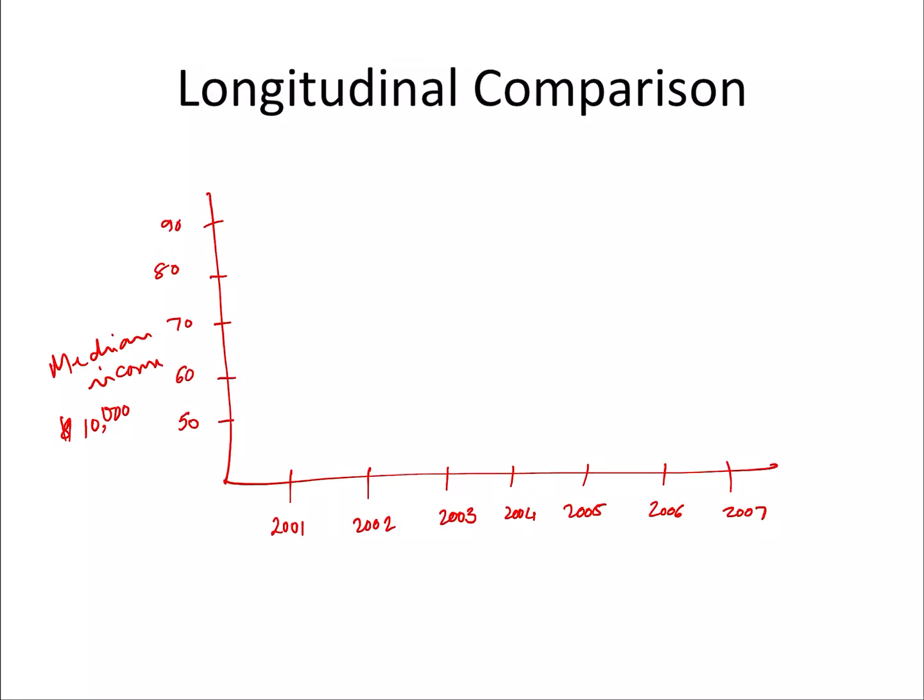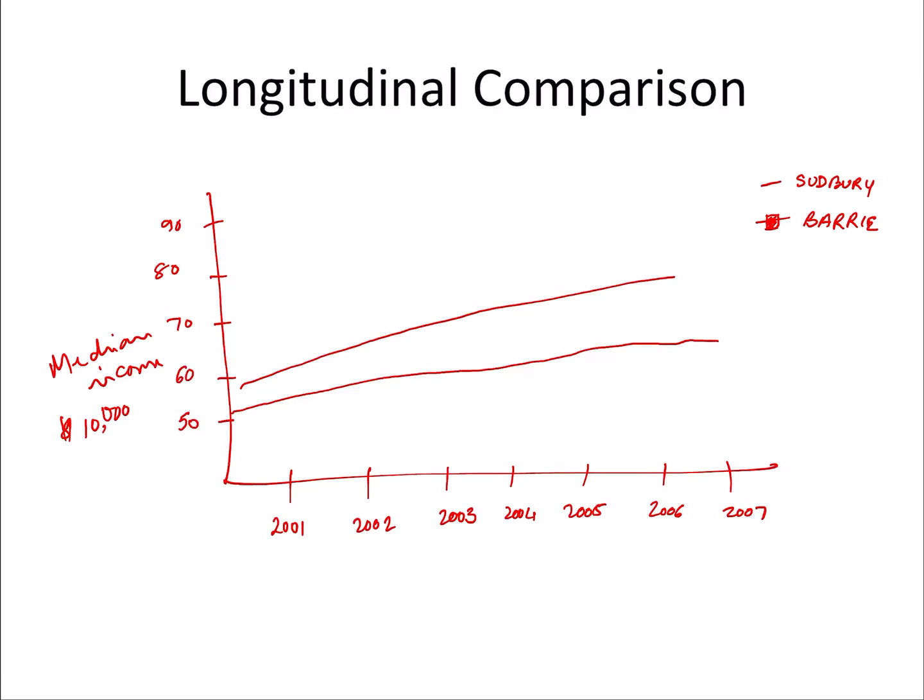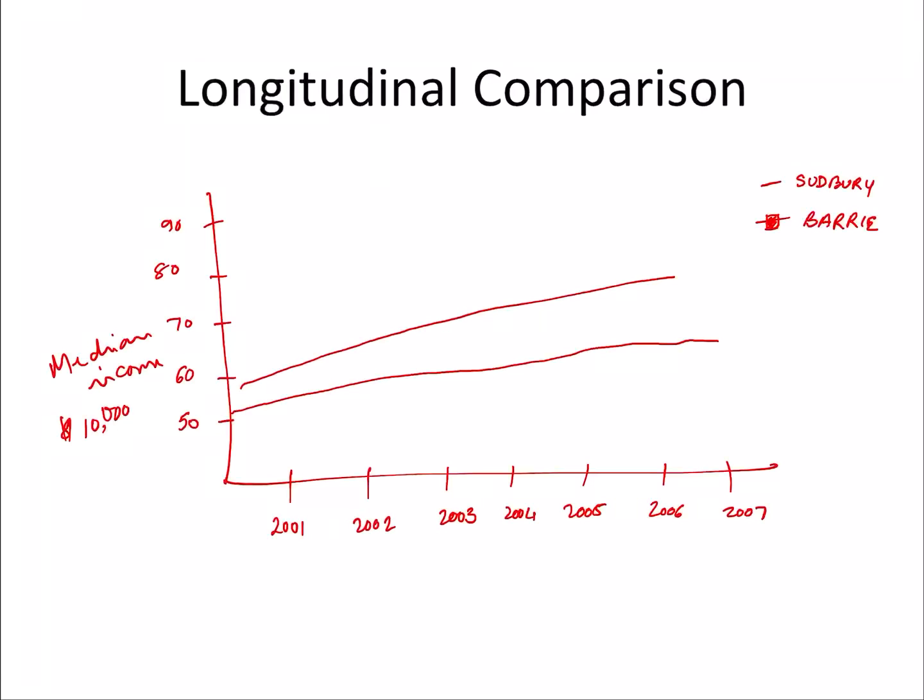So let's assume this is, you typically have legends, so this would be Sudbury. That would be Barrie. Let's just take 3 for comparison. That would be North Bay.